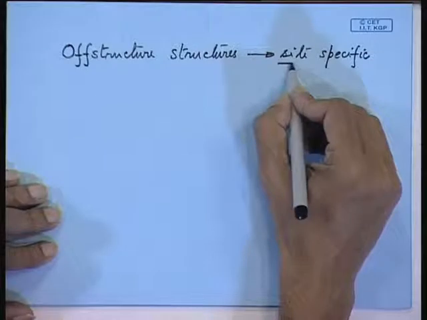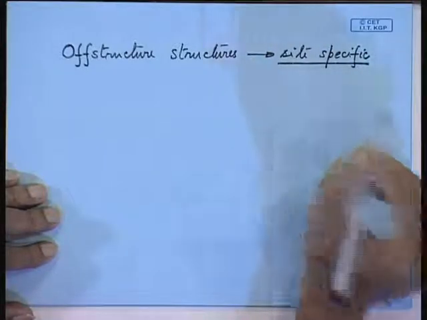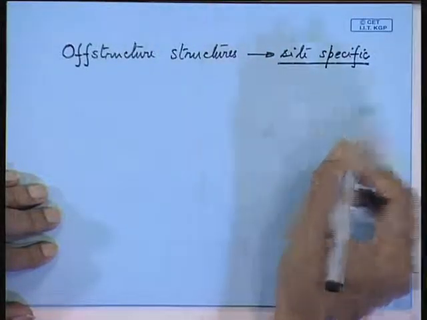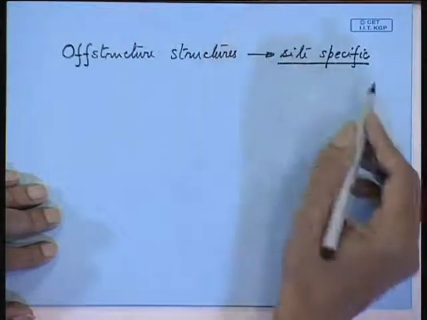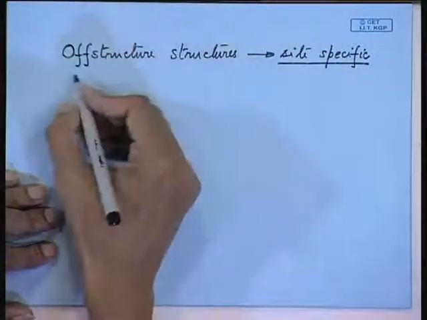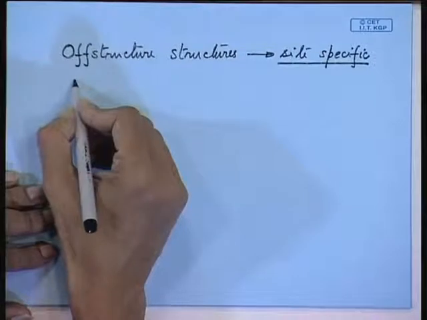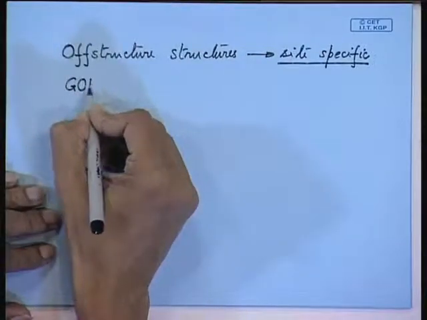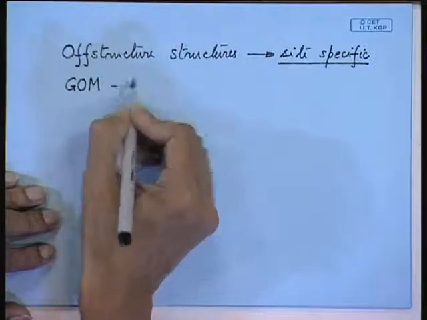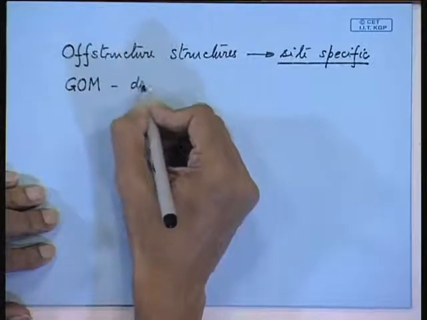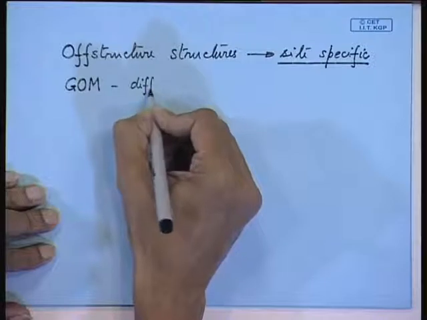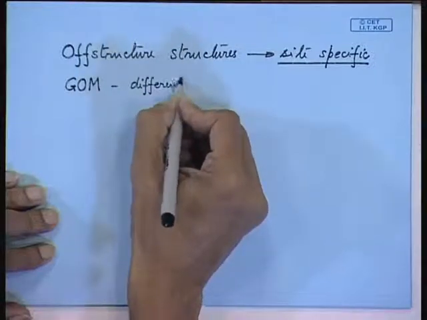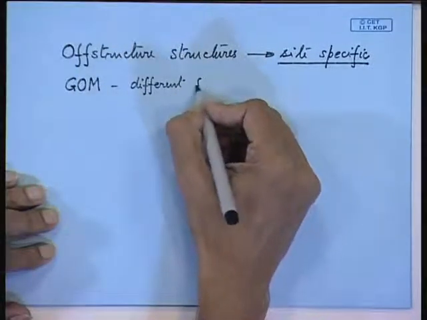So they are site specific in nature. If you want to build an offshore structure in, say, Gulf of Mexico, in short GOM, it will have a different spectra from the North Sea.